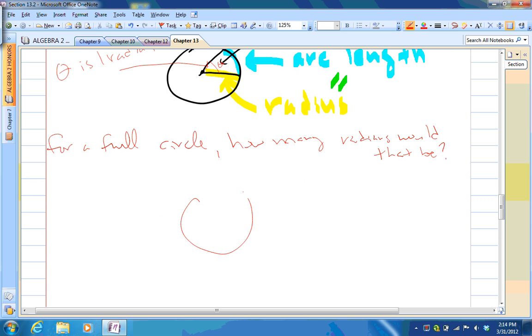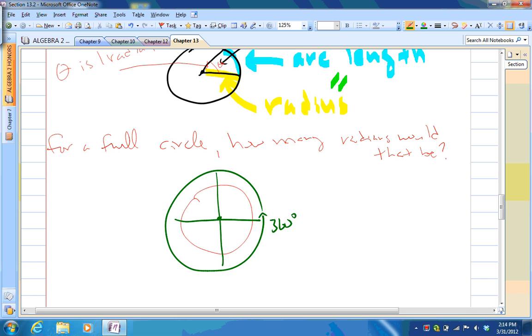Okay, let's think about it. Here you've got a full circle. That's 360 degrees, right? If you rotate around the whole circle, it's 360 degrees.